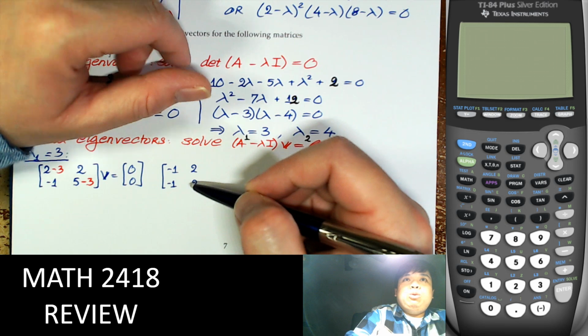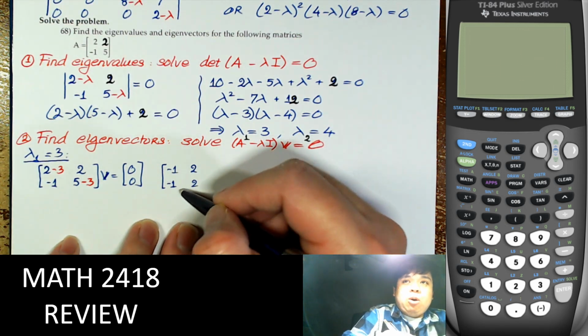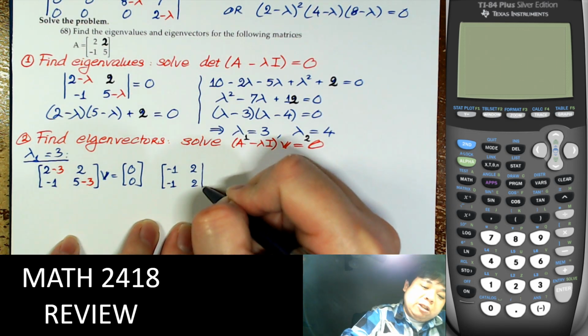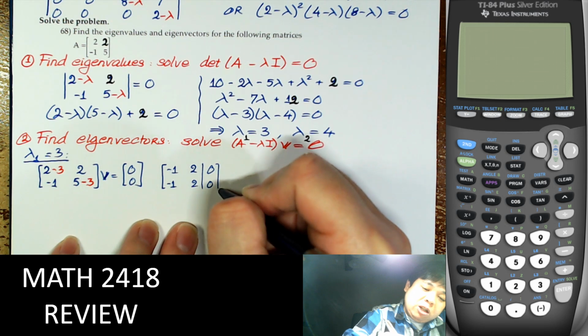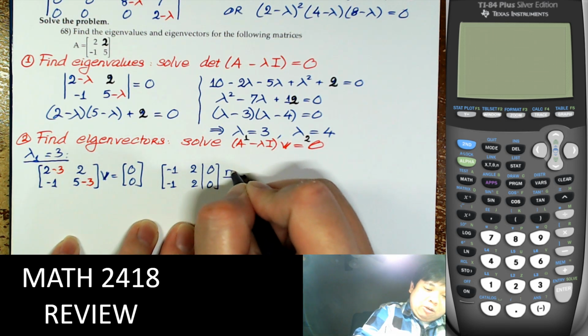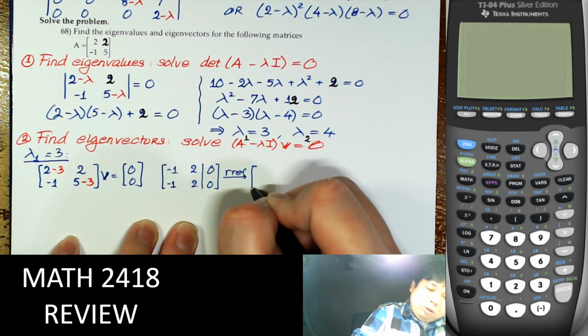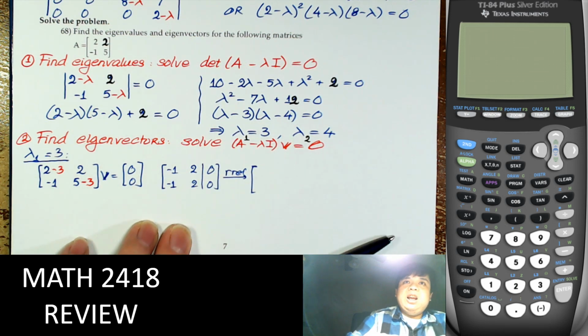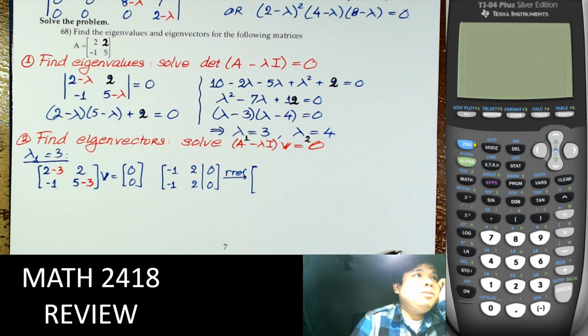If there are 2 rows, there should be one row that is a multiple of the other. But still, reduce to echelon form. If you do that, we should have 1 and then negative 2 and 0.